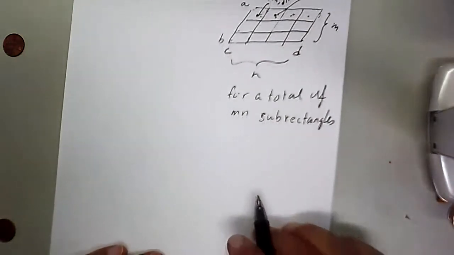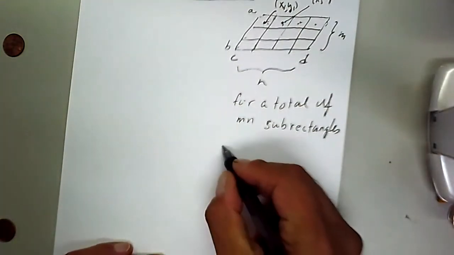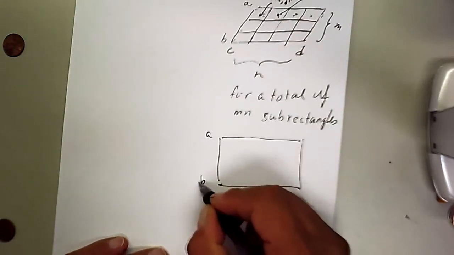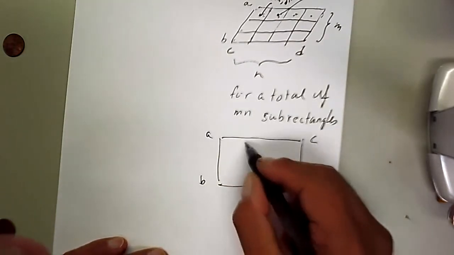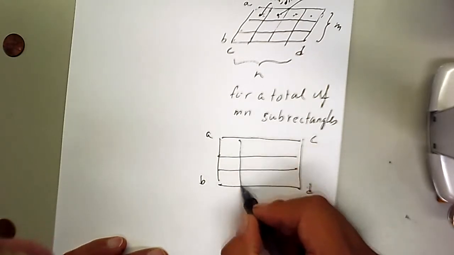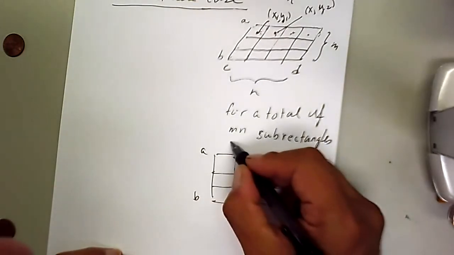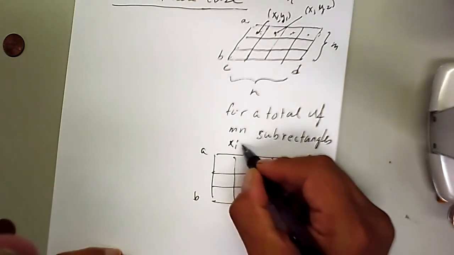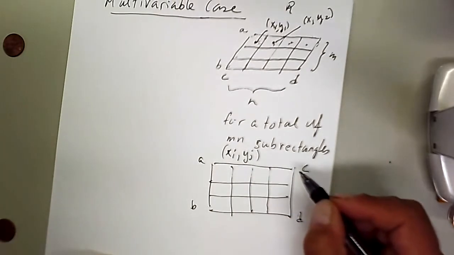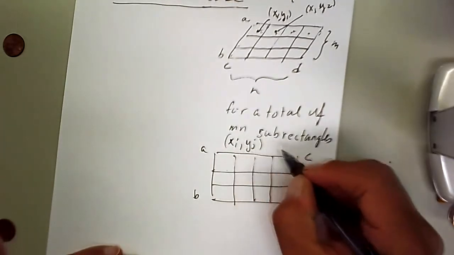So let me turn this and make sort of a table here. So we go from A to B, C to D. We're going to split this into 3 across and 4 this way. And we're going to have xi comma yj values. But this box is rather small, so I'm just going to put the indexes. I hope you don't mind.